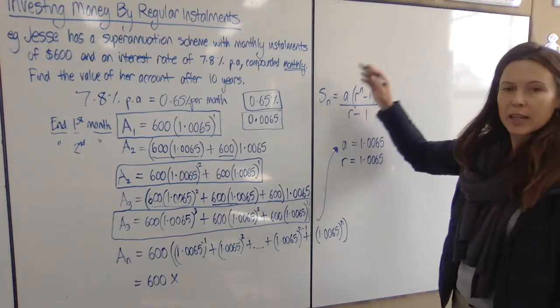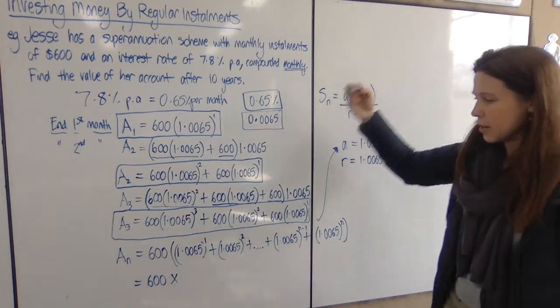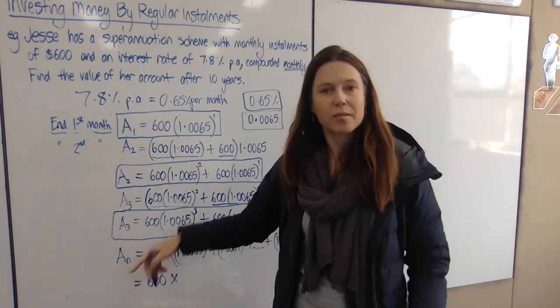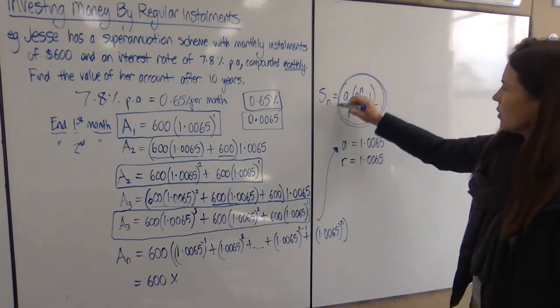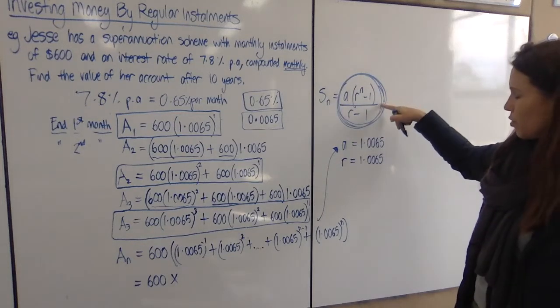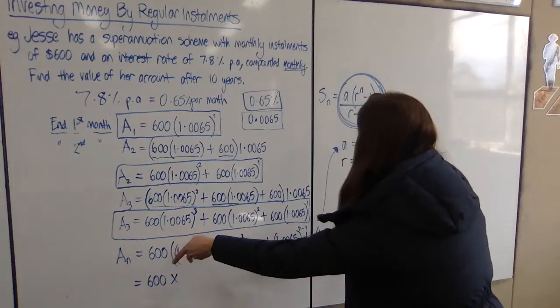Do we have everything we need to use this formula? Yes. It doesn't matter that we don't have the n because we want a formula with n's in it. Okay, so now we need to just chuck this part of the sum to n formula in here because this is our geometric series just inside the brackets.